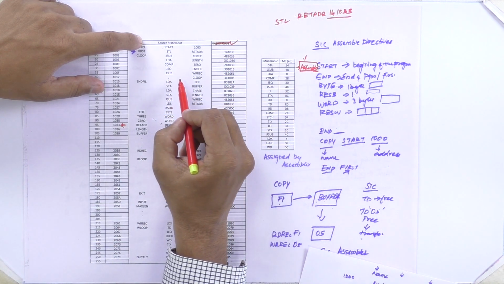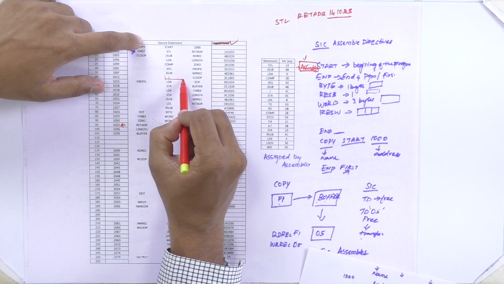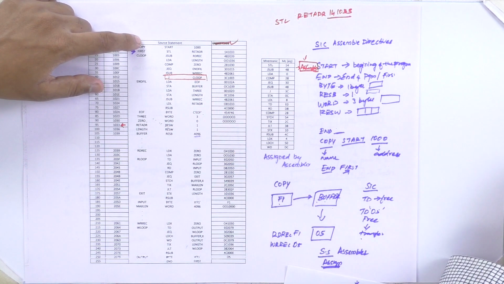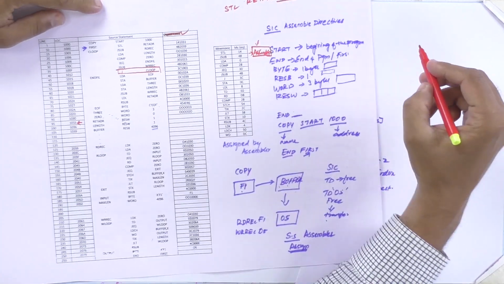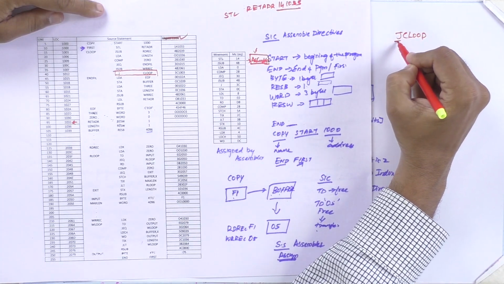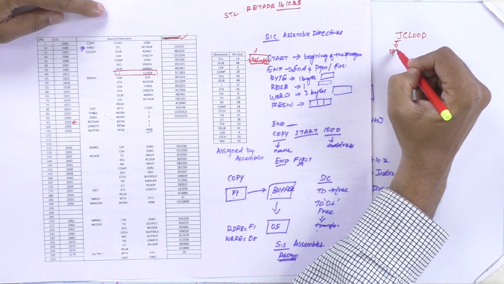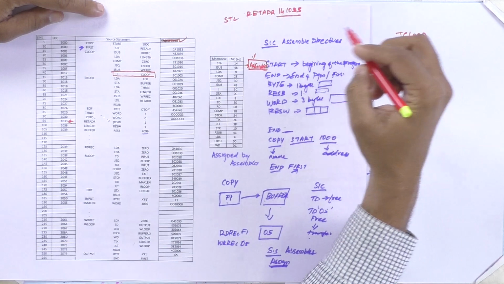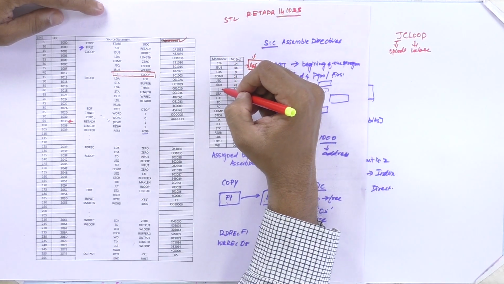I will see another instruction, JC loop. I'll tell you how this works. J is an opcode, and C loop is a label. So we can search in the mnemonic values.